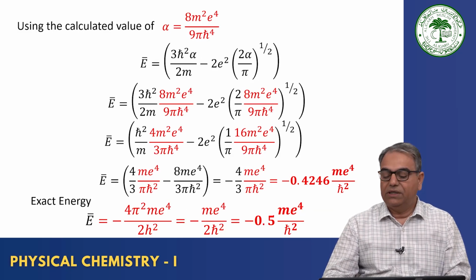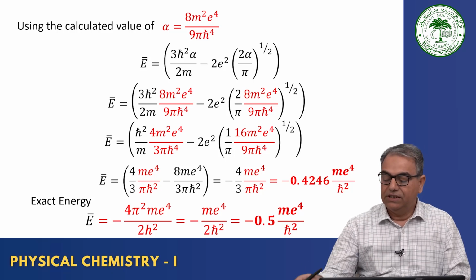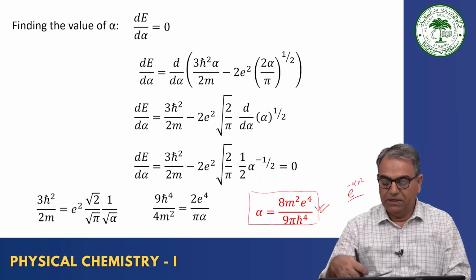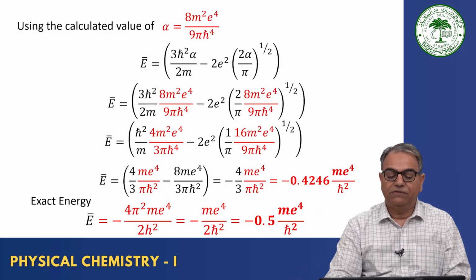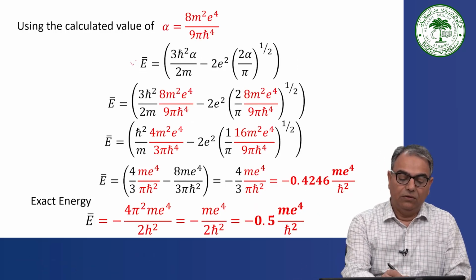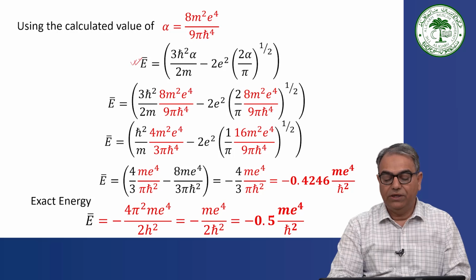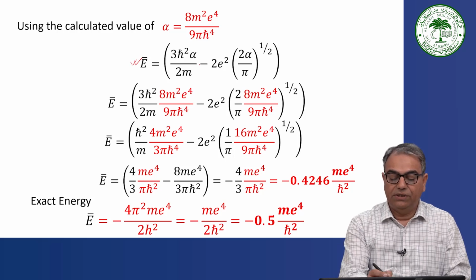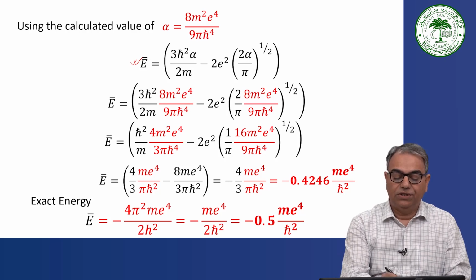So using the calculated value of alpha, 8 m square e raised to the power 4 divided by 9 pi h cross square, what is the energy value? If you put the alpha value here, you see the alpha value is written in red. You have 3 here, you have 2 here, so it will be 4 by 3.